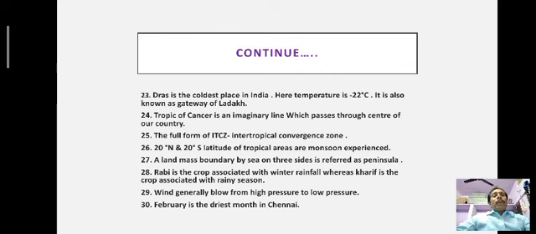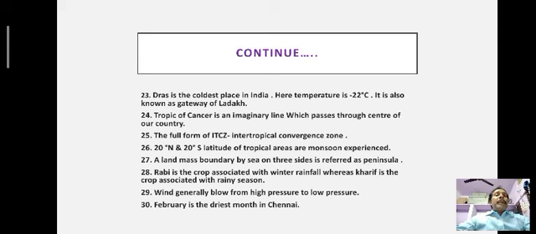The full form of ITCZ is Intertropical Convergence Zone. So what is the full form of ITCZ? Intertropical Convergence Zone. Next, 20 degrees north and 20 degrees south latitude of tropical areas are monsoon experienced areas.